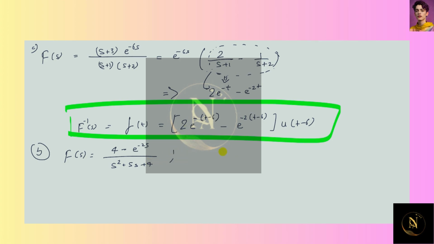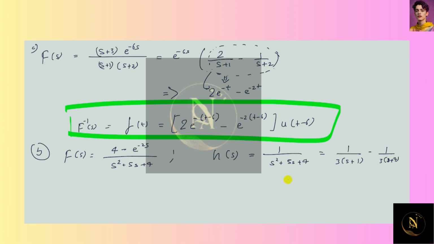Before solving, we assume another Laplace transform G(s) is equal to 1 divided by (s^2 + 5s + 4). This term can be written as 1 divided by 3(s+1) minus 1 divided by 3(s+4).